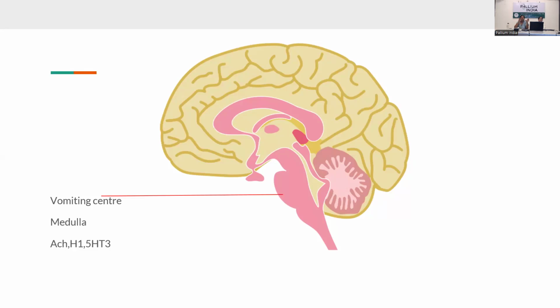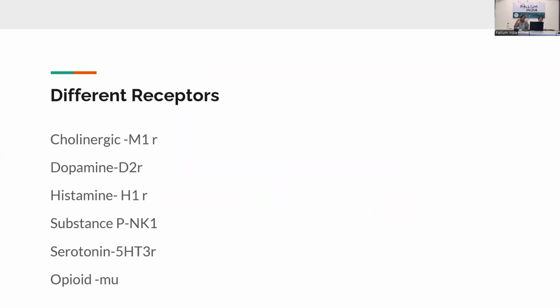In our brain we have a vomiting center, and there we have a lot of receptors also. Some stimuli will send action potential to the vomiting center, and that's how we get vomiting. The vomiting center itself cannot cause vomiting, so we should know what is stimulating the vomiting center.